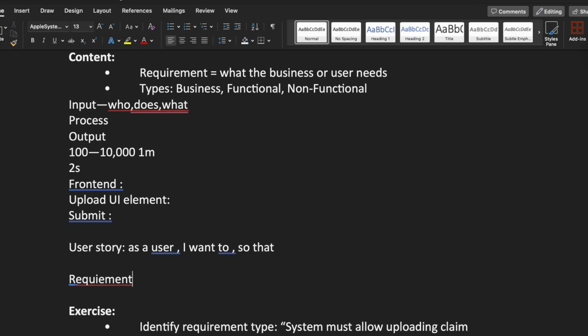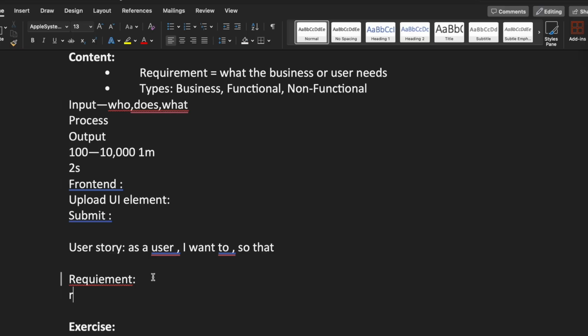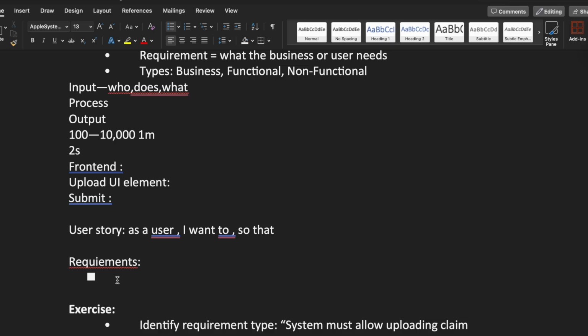In that user story I will not capture the non-functional requirement, because non-functional requirement is for the overall application. So let's say you are writing a user story for a microservice, and you are creating an entire application. Then you can write the non-functional requirement.